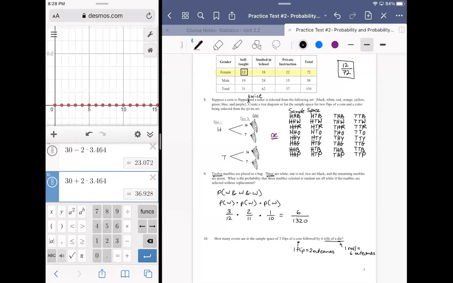And so we would write 2 to the 3rd power, because you're flipping the coin 3 times. So I'll use my highlighter. So the 2 outcomes raised to the 3rd power, and means multiply 6 outcomes.